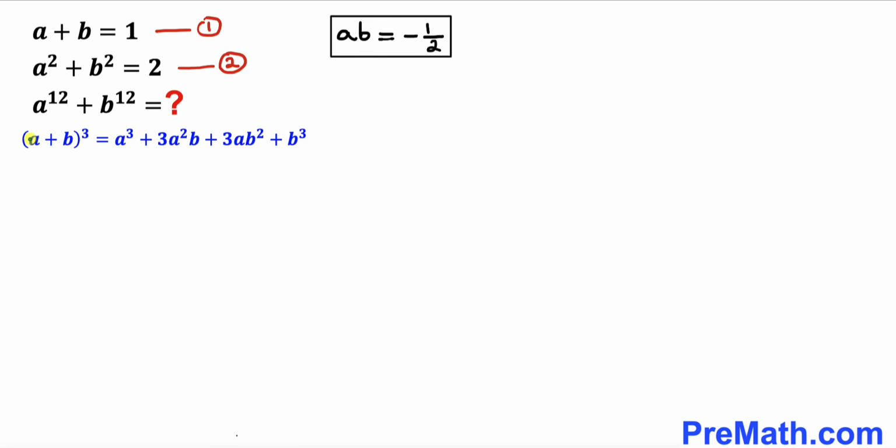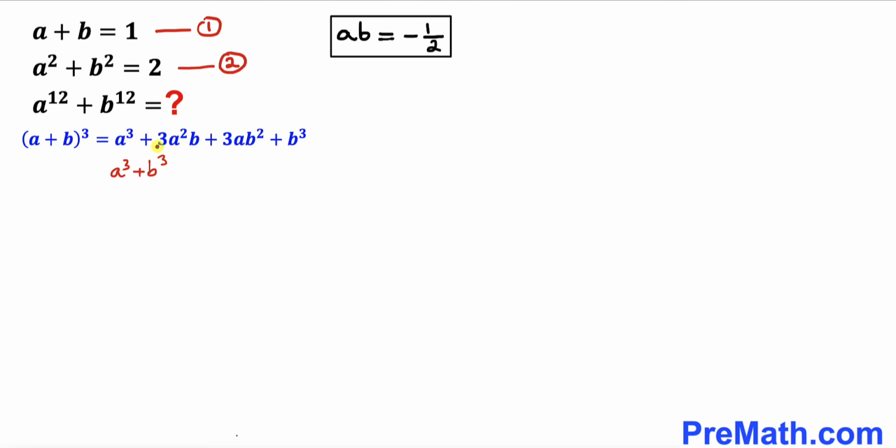And here's our next step. Let's recall another famous identity. (a plus b) whole power 3 could be written as a power 3 plus 3a square b plus 3ab square plus b power 3. Now let me rearrange these terms on the right hand side. I'm going to put a power 3 plus b power 3 together.